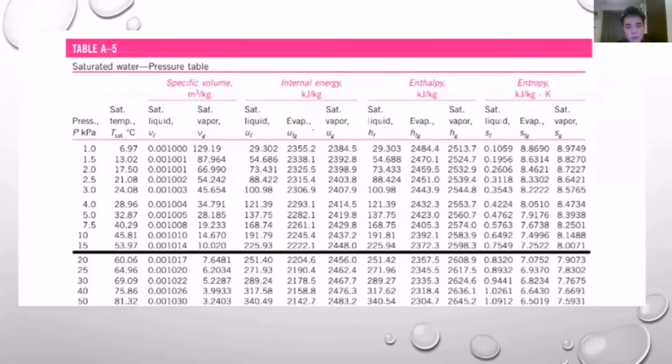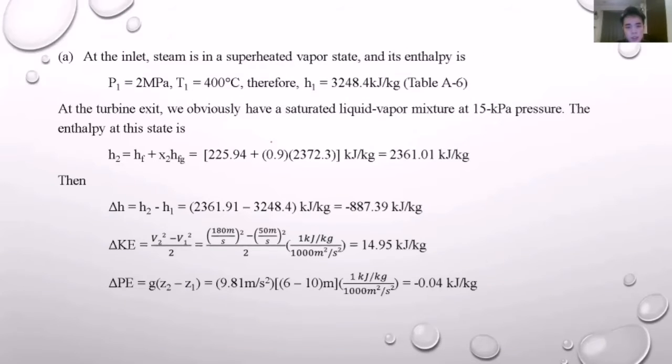HF equals 225.94, and HFG equals 2372.3. So HF plus x2 HFG, where x2 is given as 0.9 times 2372.3 kilojoule per kilogram, equals 2361.01 kilojoule per kilogram.